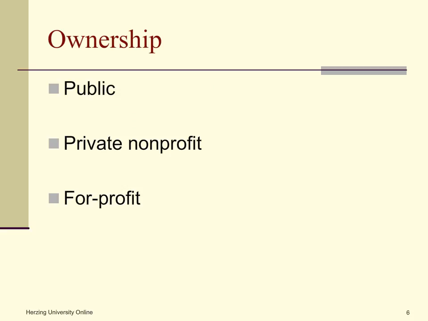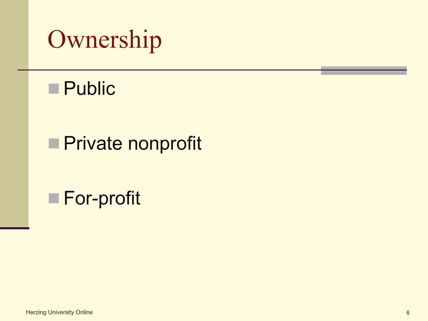Ownership of a healthcare organization is another characteristic that determines the legal, business, and mission entity of the organization. There are three main ownership types of healthcare organizations, and these are publicly owned, private non-profit owned, and for-profit organizations.